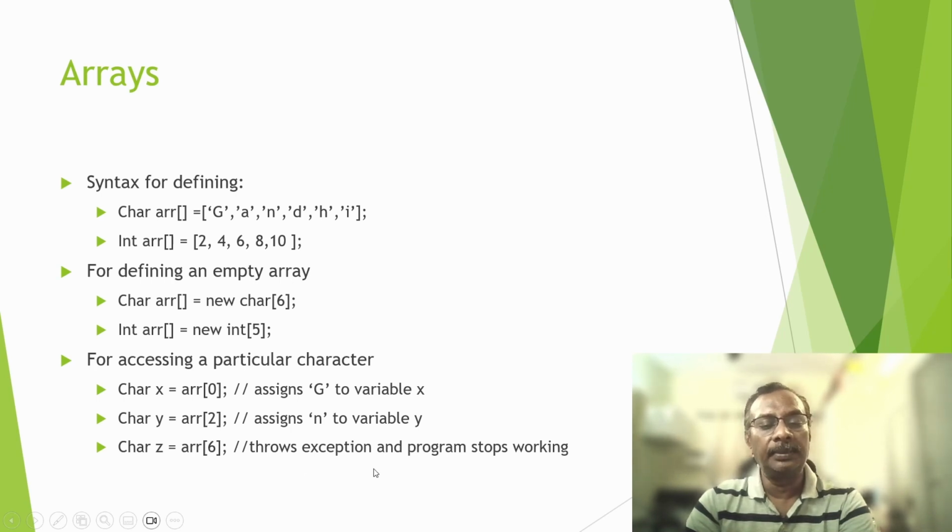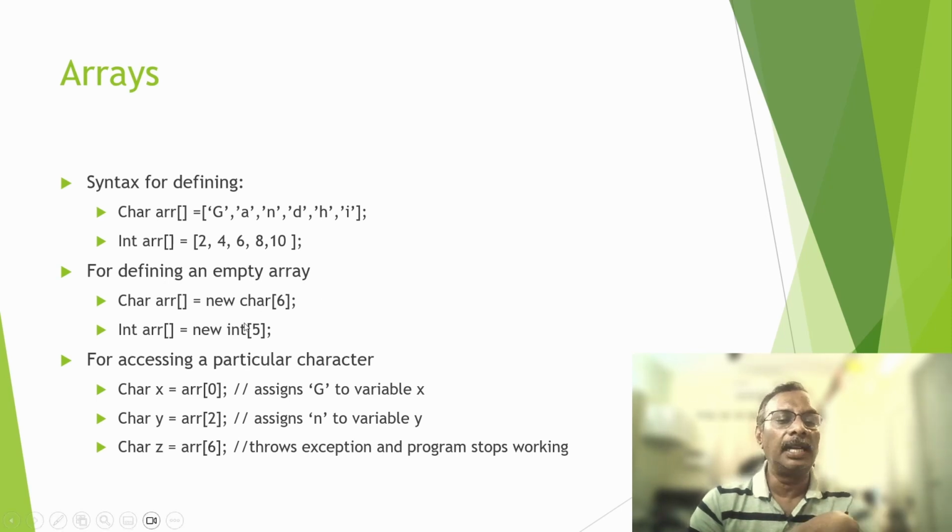It will throw an exception and terminate the program execution. We will see these exceptions, and how to avoid them, in the future chapters, but in general we will not do that.